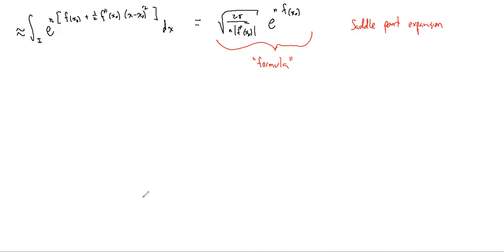So the most famous example is Stirling's approximation of n factorial for large n.